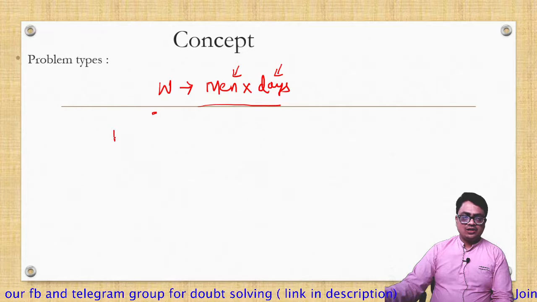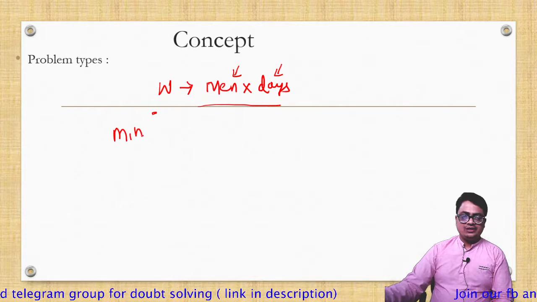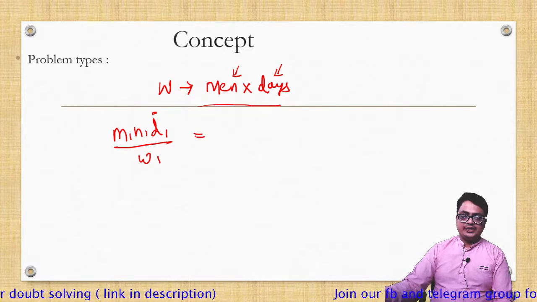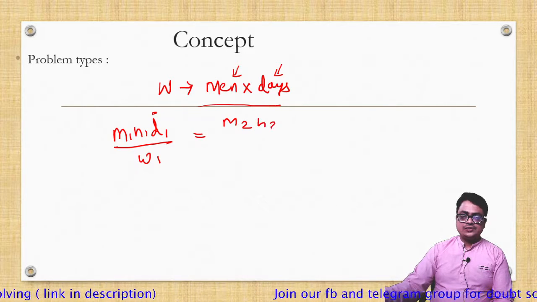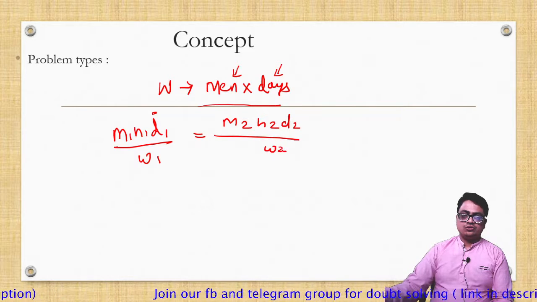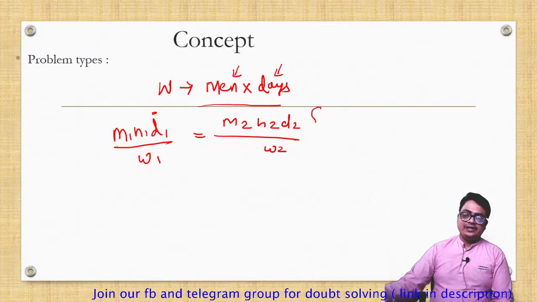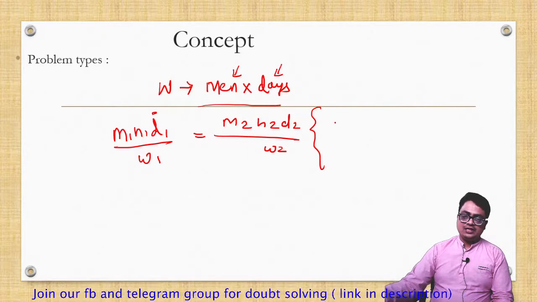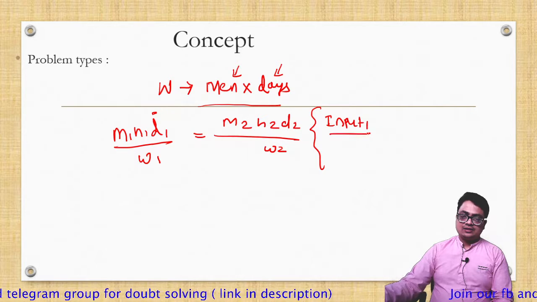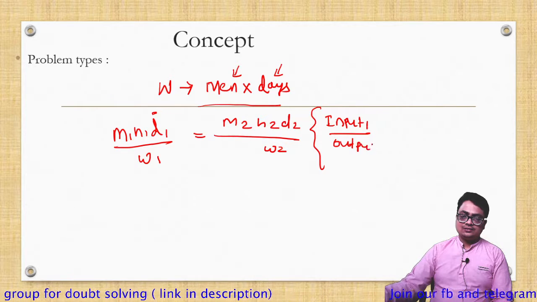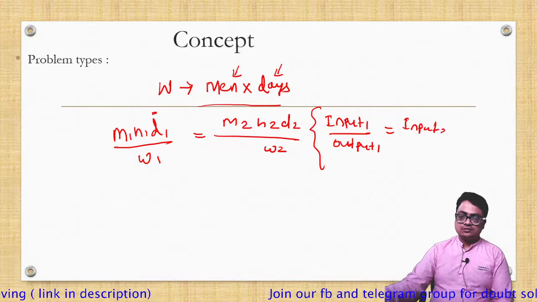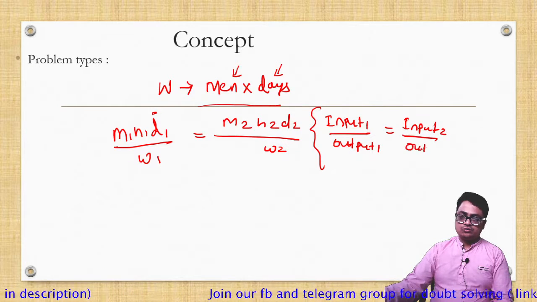There is one more formula: M1 H1 D1 divided by W1 equals M2 H2 D2 divided by W2. If you find difficulty in remembering this formula, just remember one thing: input 1 by output 1 equals input 2 divided by output 2.